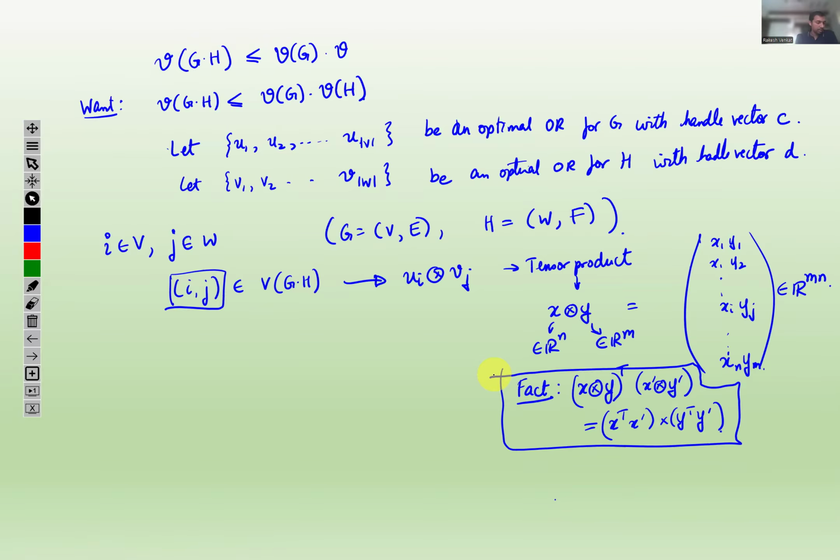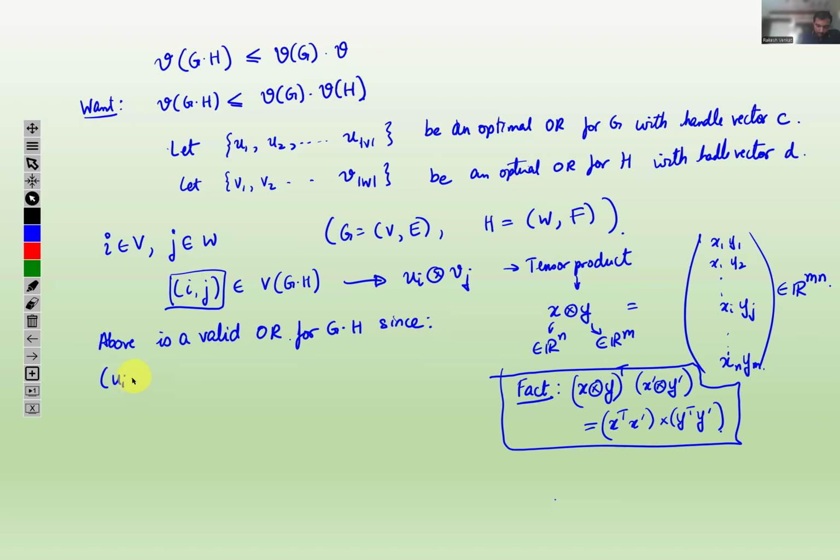So the first thing you can do is satisfy the orthogonality constraints. And why is that? It comes from the definition of graph product.